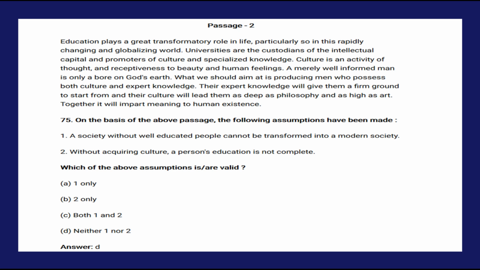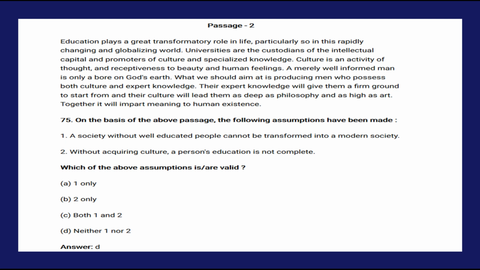Next, passage 2. Education plays a great transformatory role in life, particularly so in this rapidly changing and globalizing world. Universities are the custodians of the intellectual capital and promoters of culture and specialized knowledge. Culture is an activity of thought and receptiveness to beauty and human feelings.